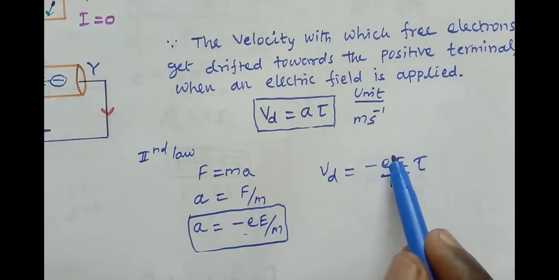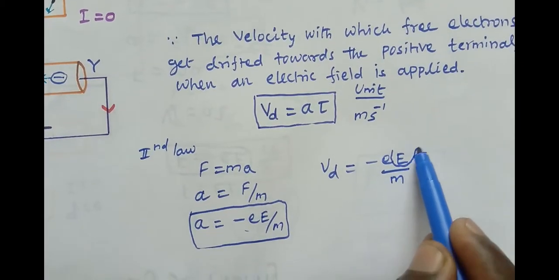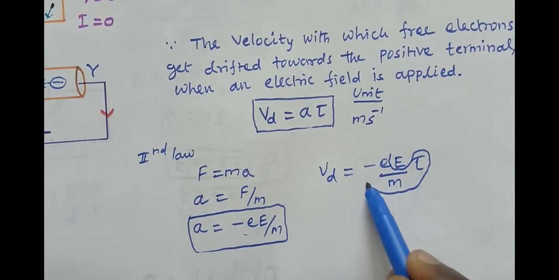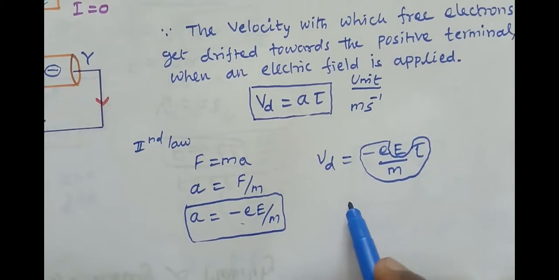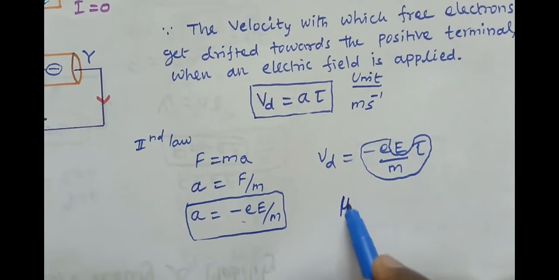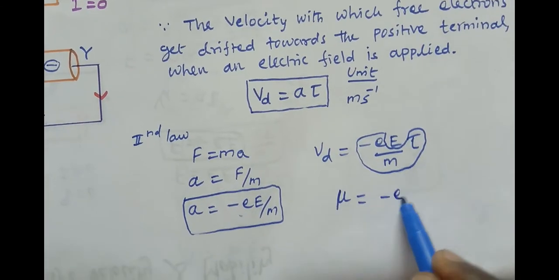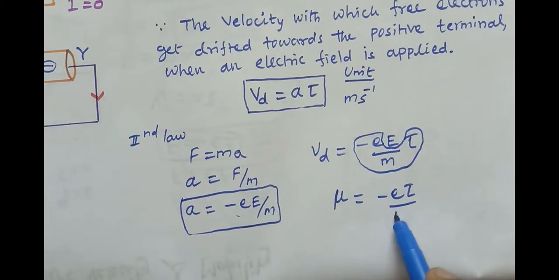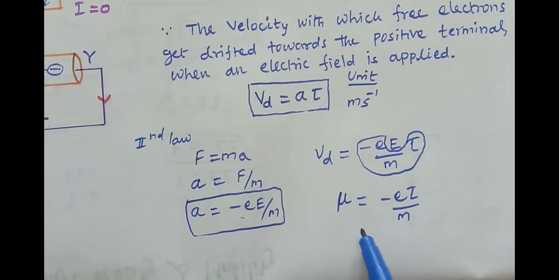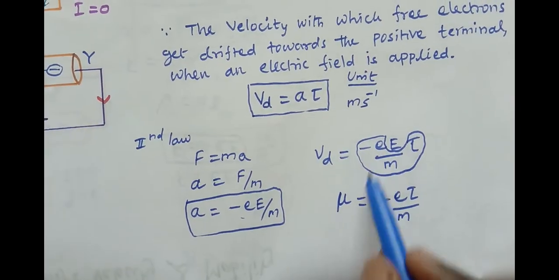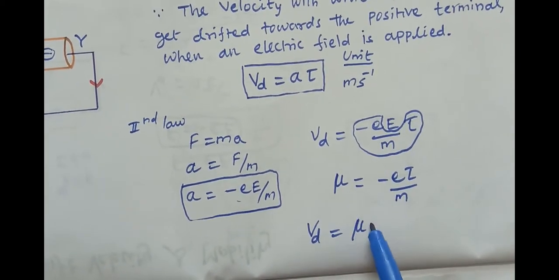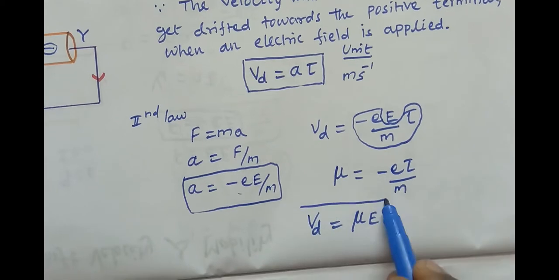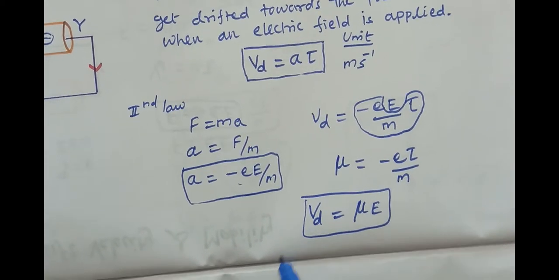Now, minus e tau divided by m, this term is called mobility. It is denoted by mu. Mu is equal to minus e tau divided by m. Now substitute here, Vd is equal to mu into E. Now calculate mobility.